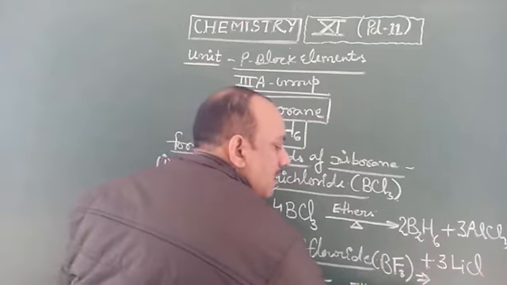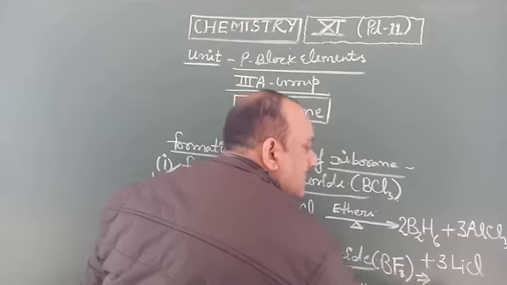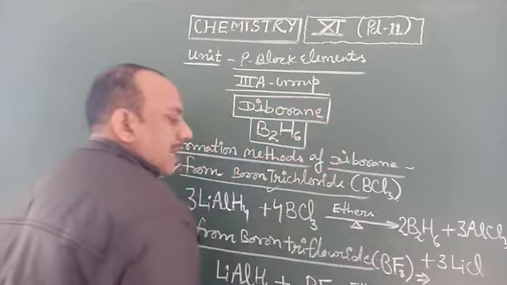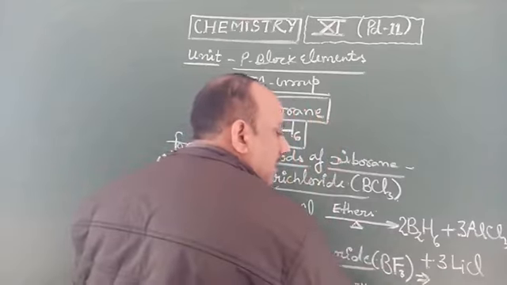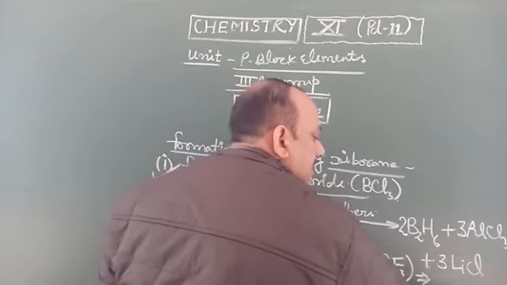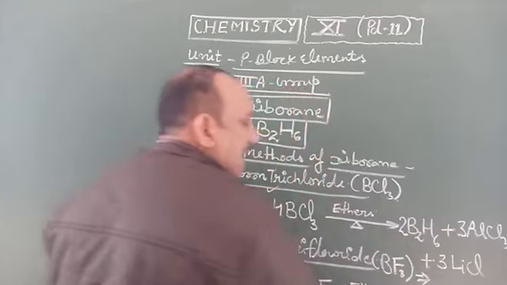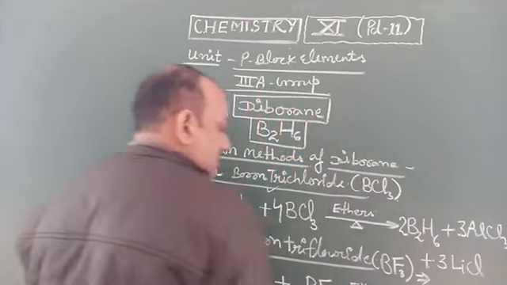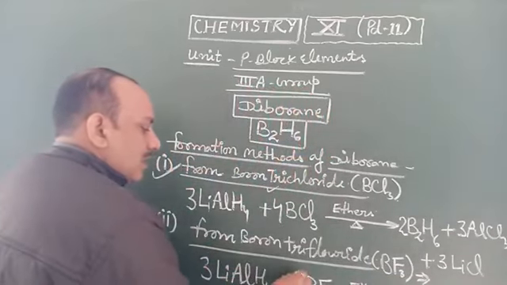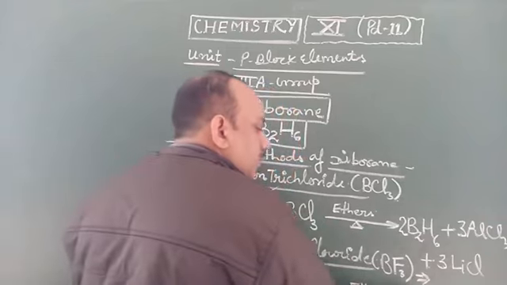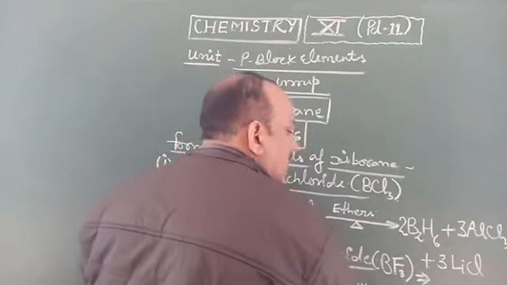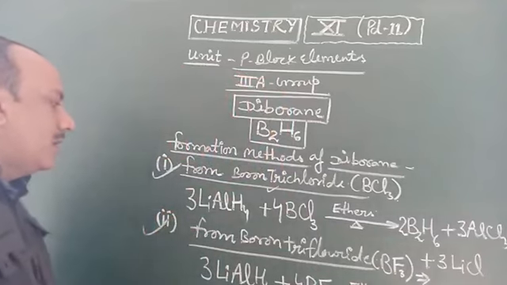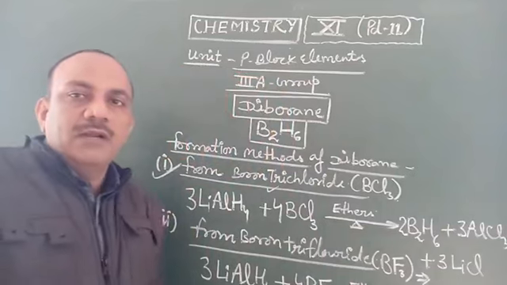It gives diborane, B2H6, plus AlF3 and lithium fluoride, LiF. Not AlCl3 but AlF3, because here fluorine atoms are available. The same balancing applies: 3, 4, 2, 3 and 3. So these are the formation methods of diborane.